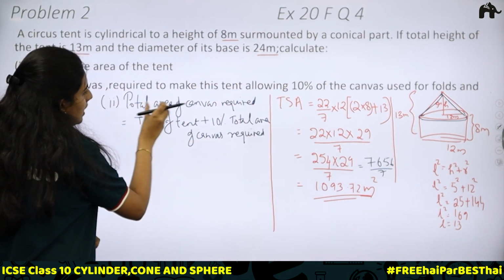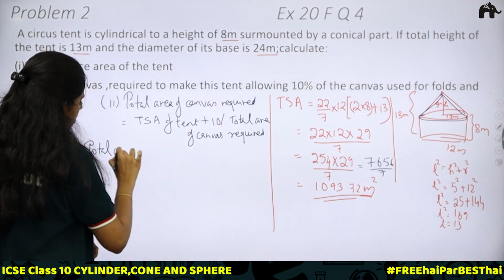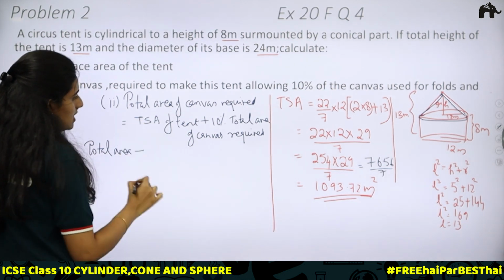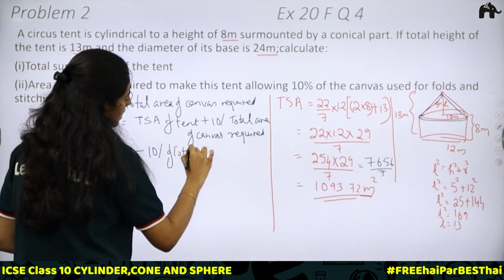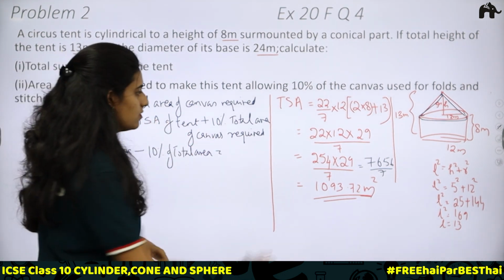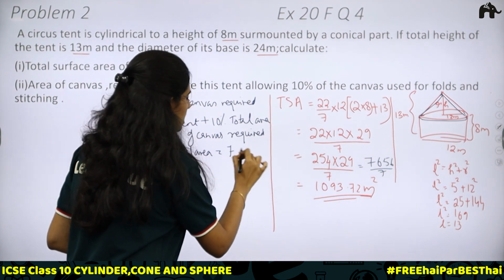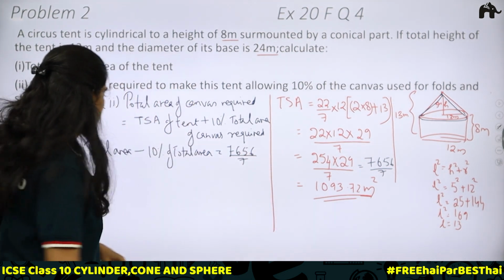Here, total area of canvas required, total area minus 10% of total area will be equal to the total surface area of tent, which is 7656 divided by 7.